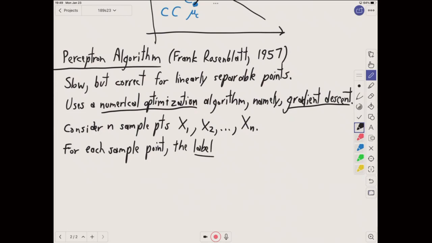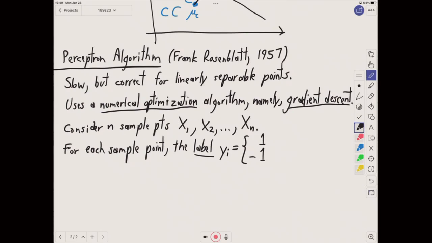In addition to being given the sample points, I am also given as input a label for each sample point. Those labels are called yi. For sample point xi, its label is yi. That label can only be 1 or -1.